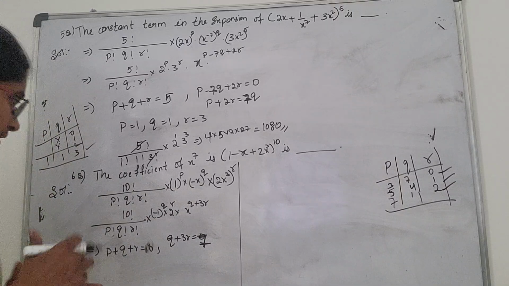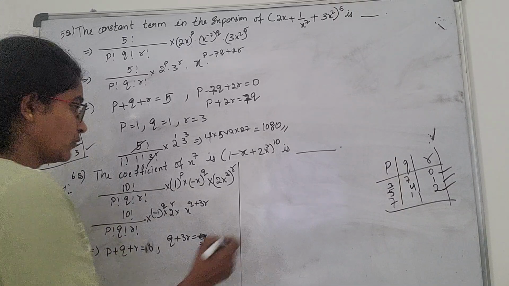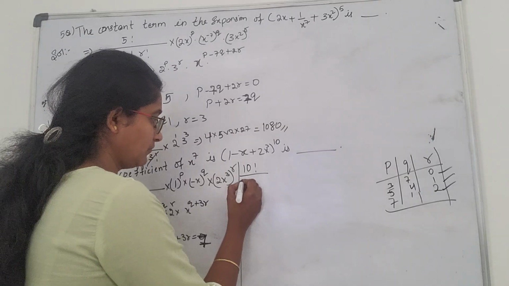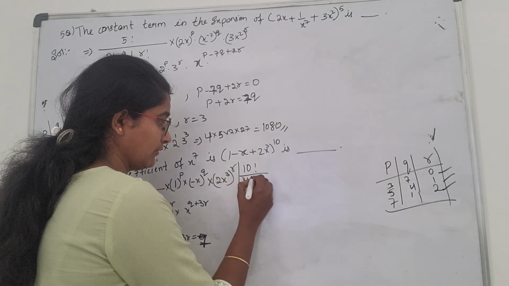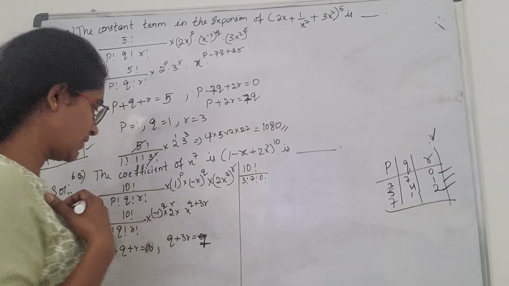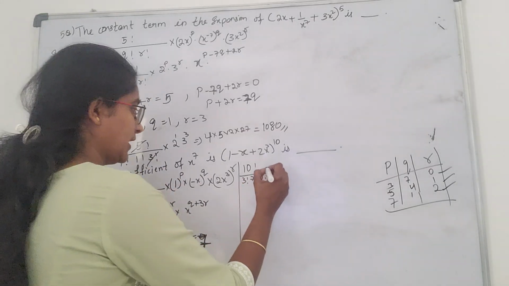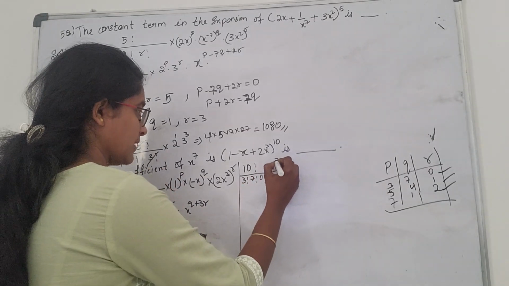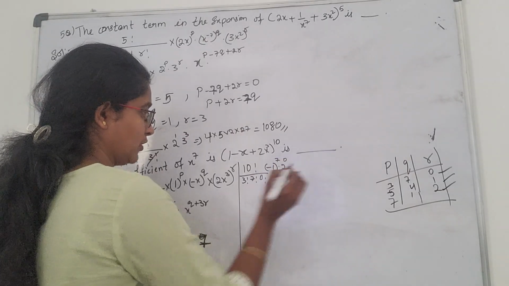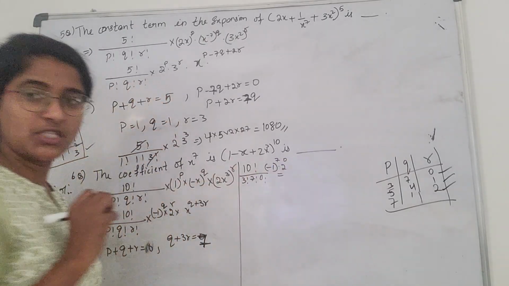Now for the first one, I'll take 10 factorial by 3 factorial, 7 factorial, 0 factorial. We are taking the coefficients, and this one also has minus 1 power of p, which is 7 here, and 2 power of r, which is 0. Okay, so we need to calculate this one.